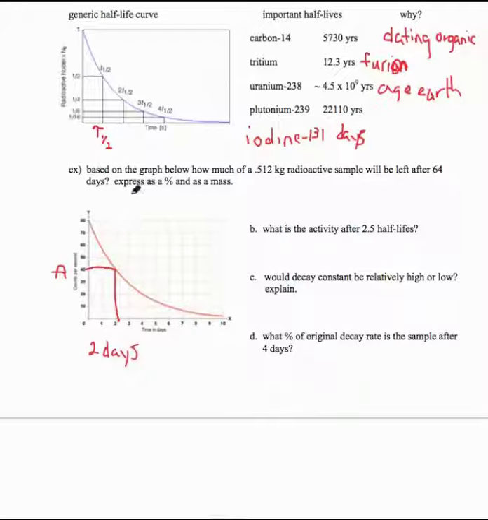How much time are we talking about? 64 days, so I believe that's 2 to the 6th power, so that's 6 half-lives. If we start off with 100% and we halve that 6 times, I did the math earlier, I'm probably going to bungle this.